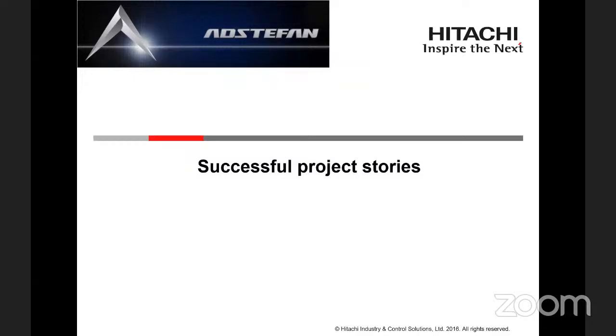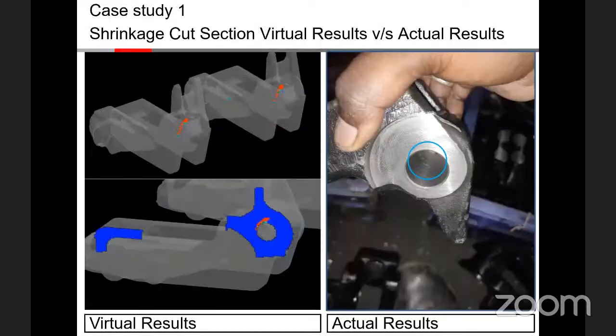After that, we will move to some case studies we did. We did it for SG iron, for our customers. Here they are facing some problem in the casting, in the center, you can check. After receiving this image and this problem, we got the methoding and geometry from them, and we did the simulation.